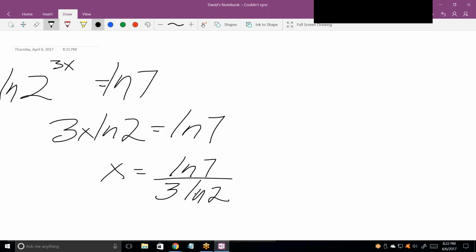In other words, I'm really in one step dividing both sides by that. Those are two different numbers. That's all they are. Okay? So I can do it like this. And now, that's kind of interesting because now I can take the 3 and make it an exponent. And what it really is the natural log of 7 divided by the natural log of 8. See how you can do that?